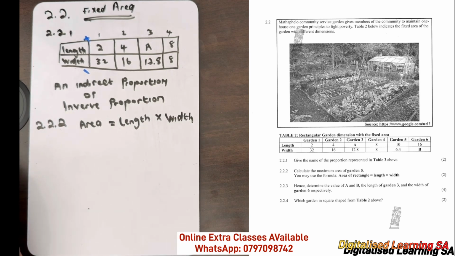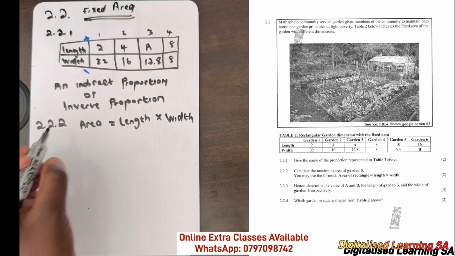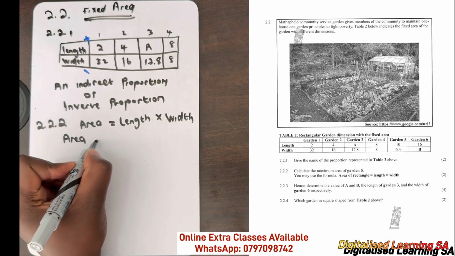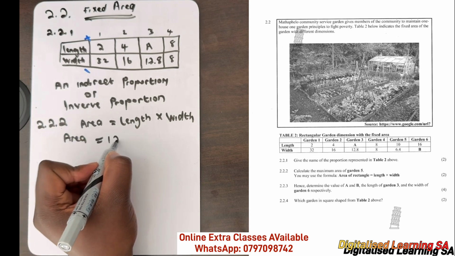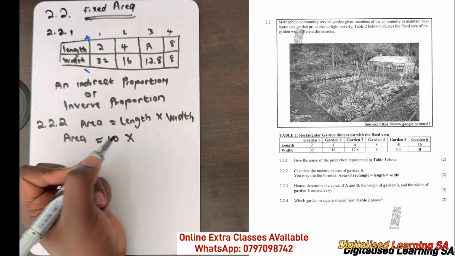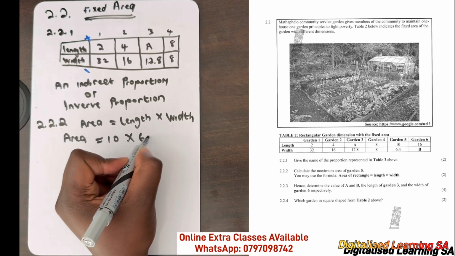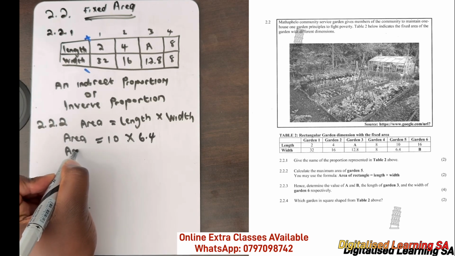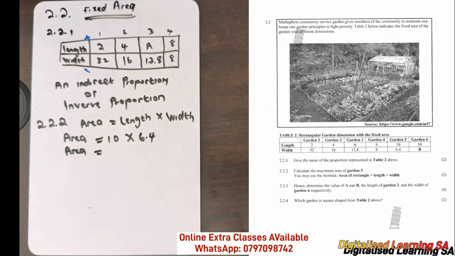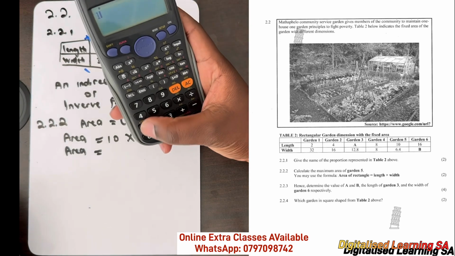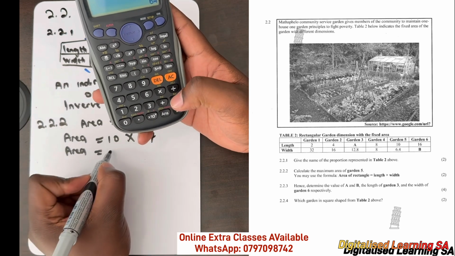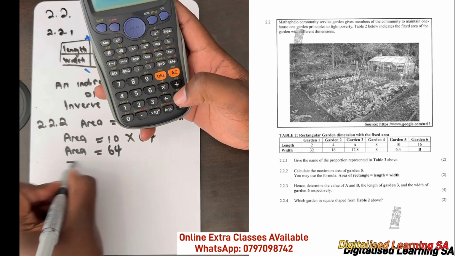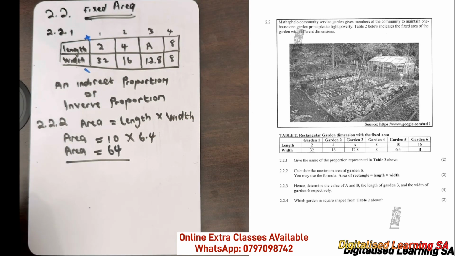So we are looking for the area of garden 5. Our area equals our length for garden 5, which is 10, multiplied by our width, which is 6.4. So our area will be 10 multiplied by 6.4, and our answer will be 64. Our area will be 64.